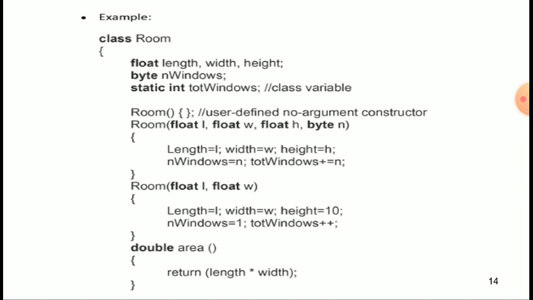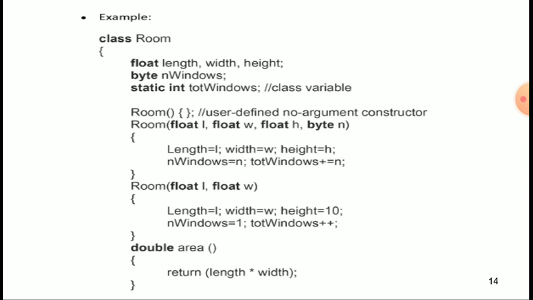Room(float L, float W, float H, byte N), starting curly brackets, length equals L, width equals W, height equals H, number of windows equals N, totalWindows plus equals N, end of the curly brackets. Room(float L, float W), starting curly brackets, length equals L, width equals W, height equals 10, and windows equals 1, totalWindows plus plus, end of the curly brackets.